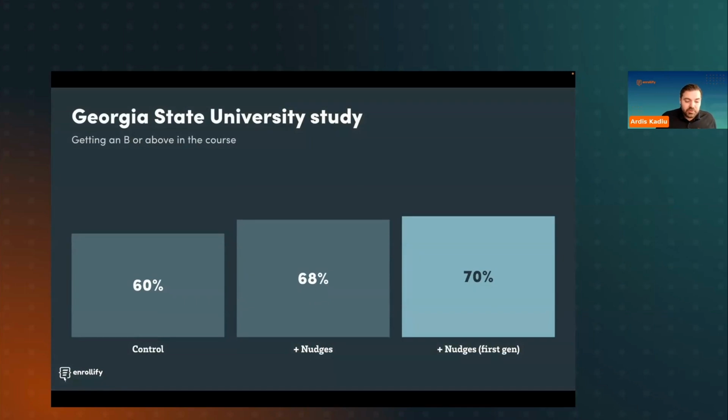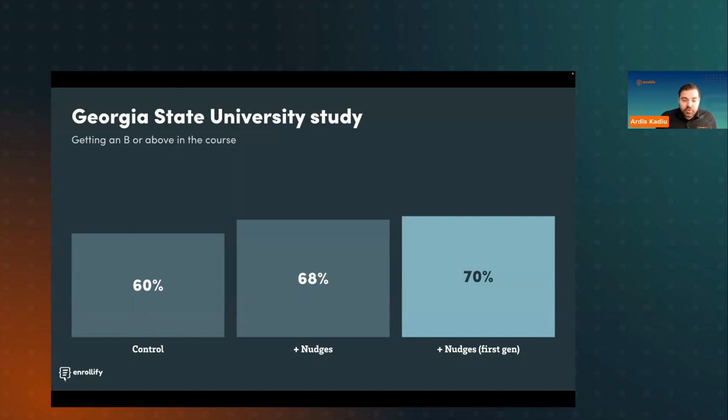One example here is a Georgia State University study where they used chatbots and proactive outreach to students in these large classes where the personal connection with the professor is not really there. So what they did is they had a control, and 60% of the students were likely to go on to get a B or above in that course. That was the control.